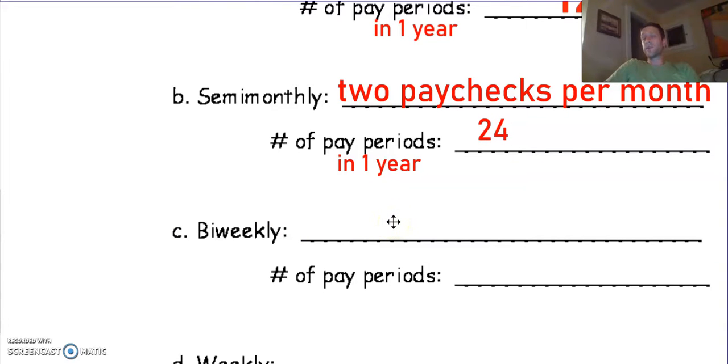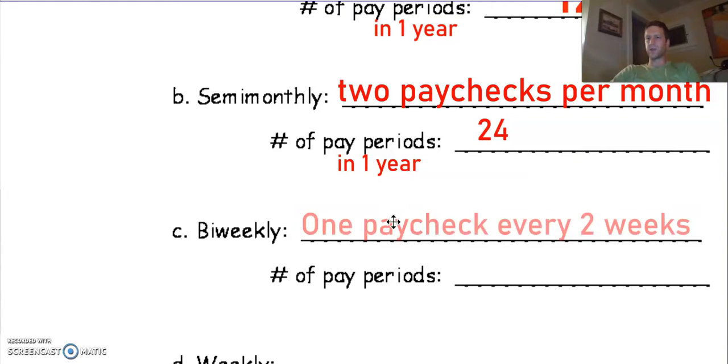Bi-weekly is really similar to semi-monthly, but it is not quite the same. Even though it's not exact, we consider there to be 52 weeks in a year. I think it's really 52 and then an extra 2 or 3 days, but just for ease of calculations, we say 52 weeks. So bi-weekly is every 2 weeks. Bi means 2.